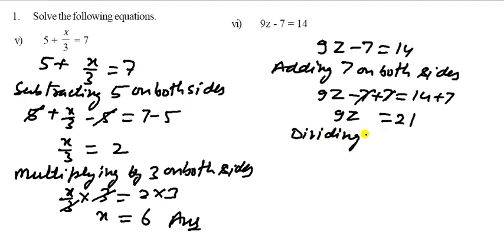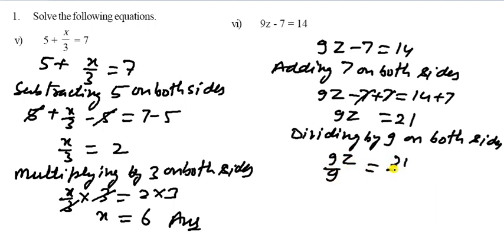Dividing by 9 on both sides. So it is 9z by 9 and 21 upon 9. 9 cancels. So 3 threes are 9 and 3 sevens are 21. So z will be equal to 7 by 3, and that is your answer.